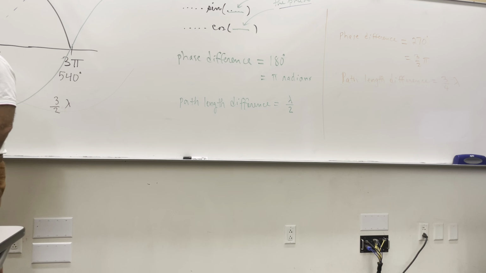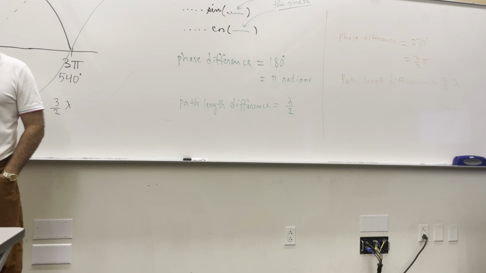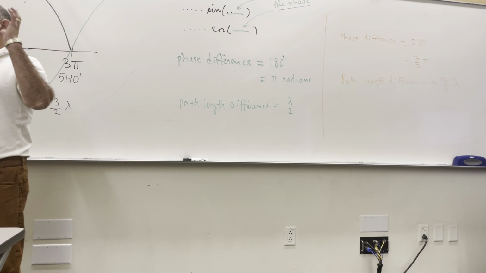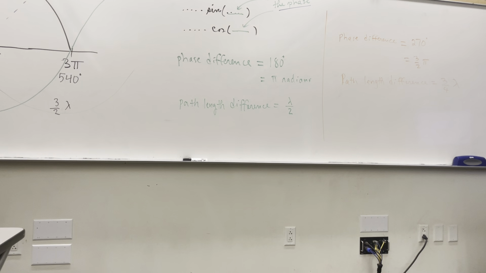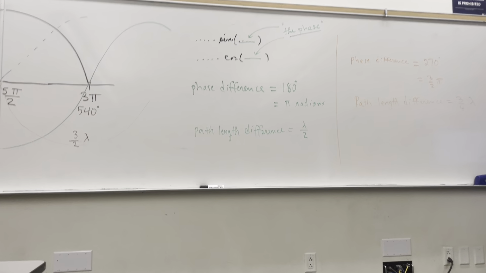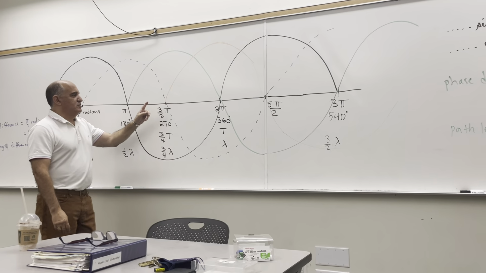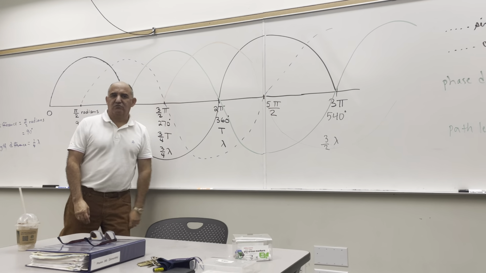So, oftentimes I'll be talking and saying the path length difference and the phase difference, and I'll say some angles, and what does that mean, right? So it means this: 90 degrees, 180 degrees, 270 degrees, 360 degrees.